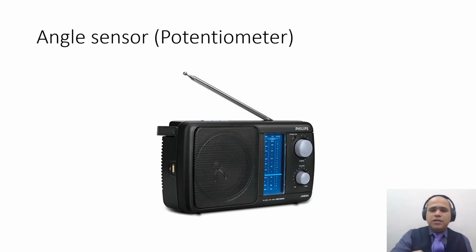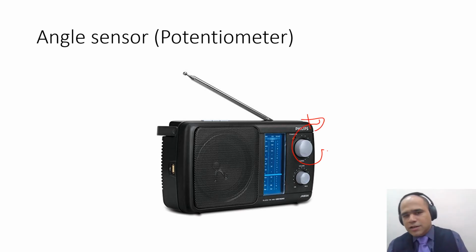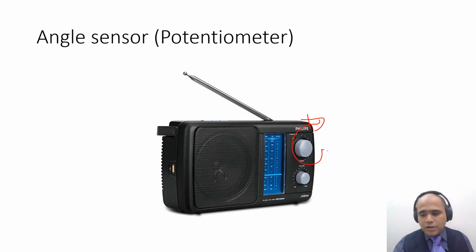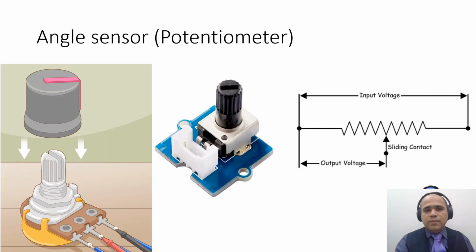Now, in old days, you might have seen there is an on-off button, and then you actually move a knob in a rotational fashion, and a sensor senses the amount of rotation you do on that knob. That sensor is nothing but a potentiometer. A potentiometer has typically a cap fitting on top of it, and then there is a plate inside this.